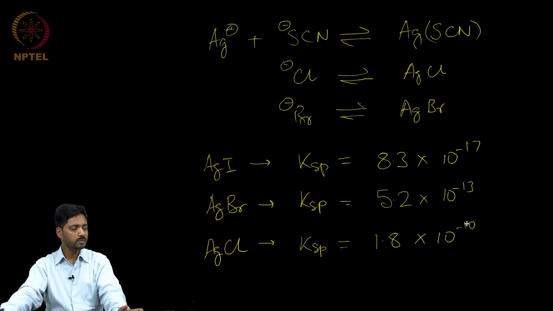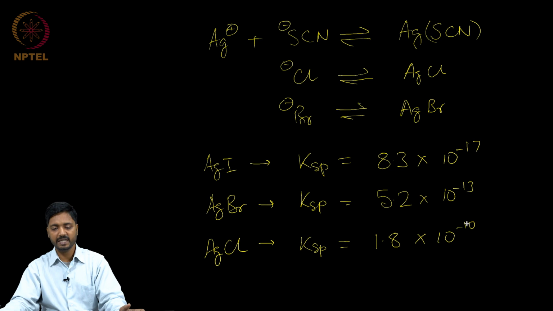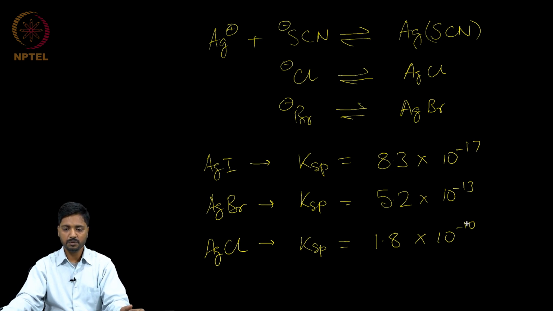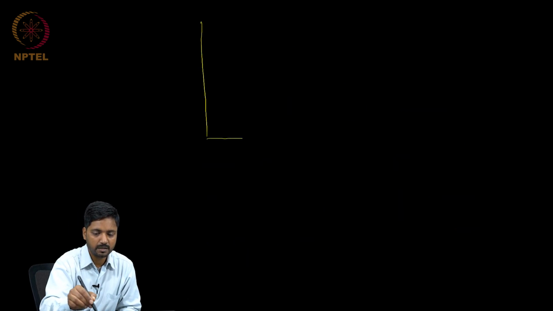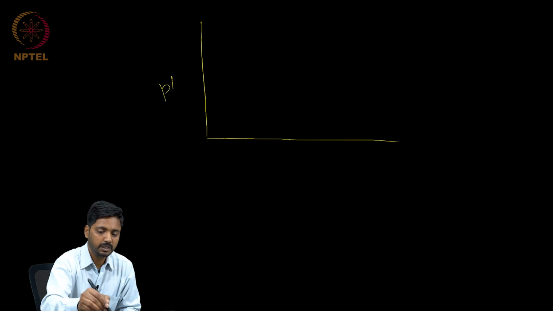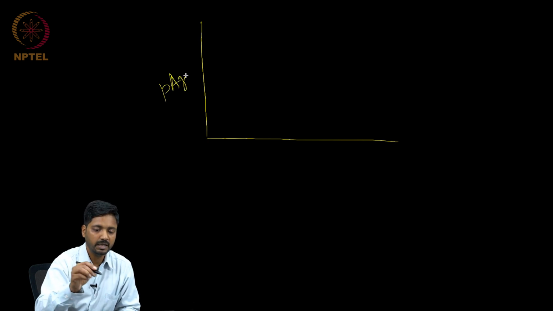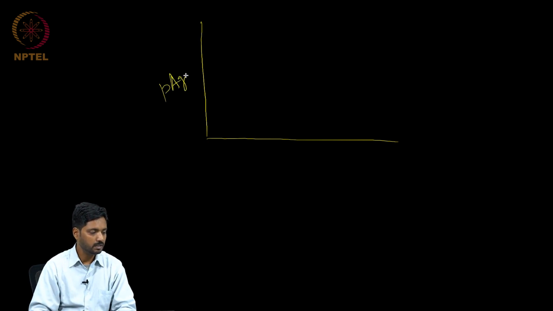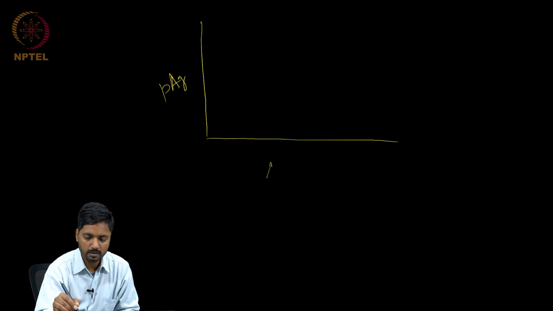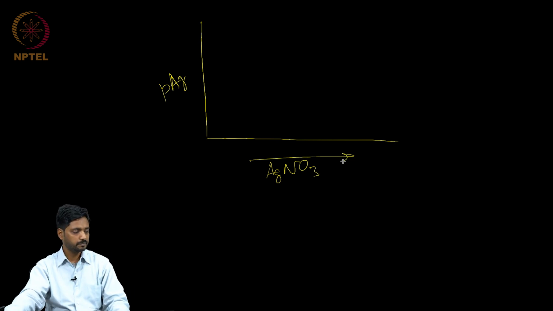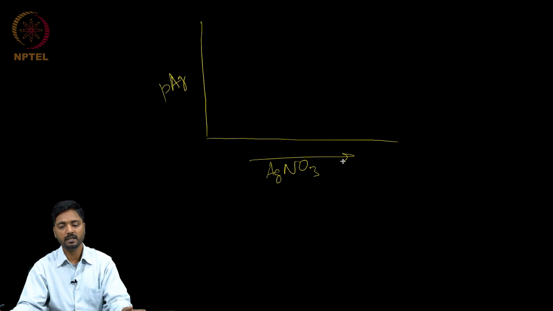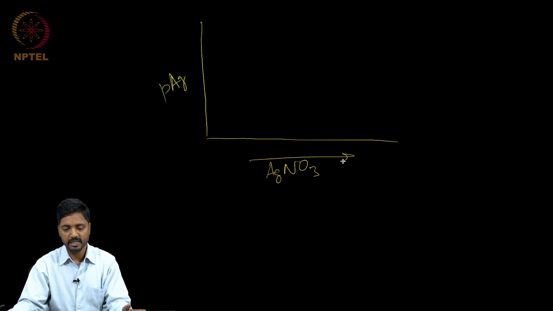So, as we do in titration, what we can do here is plot the P function. In this case, it would be the pAg value with the amount of silver nitrate being added to the solution containing the respective anion.